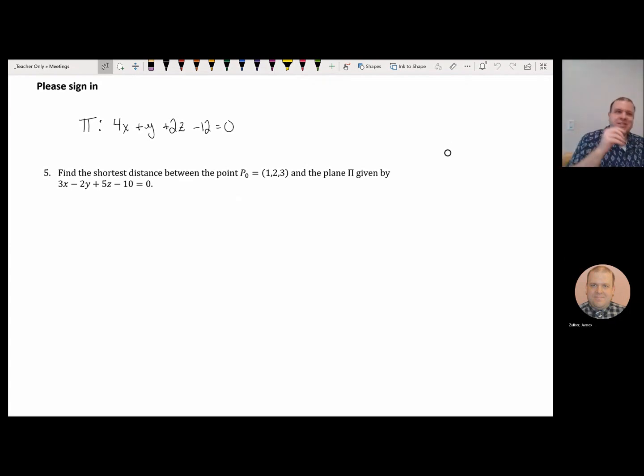Now it has to find the shortest distance between a point and a plane.